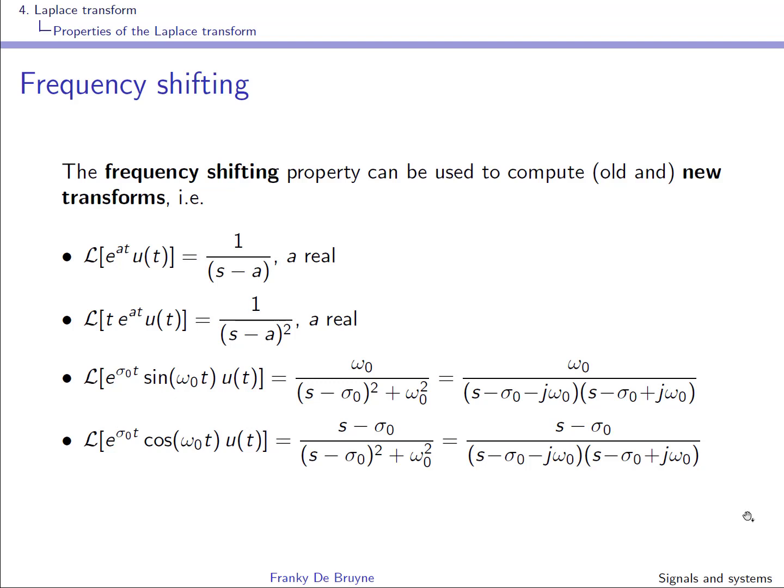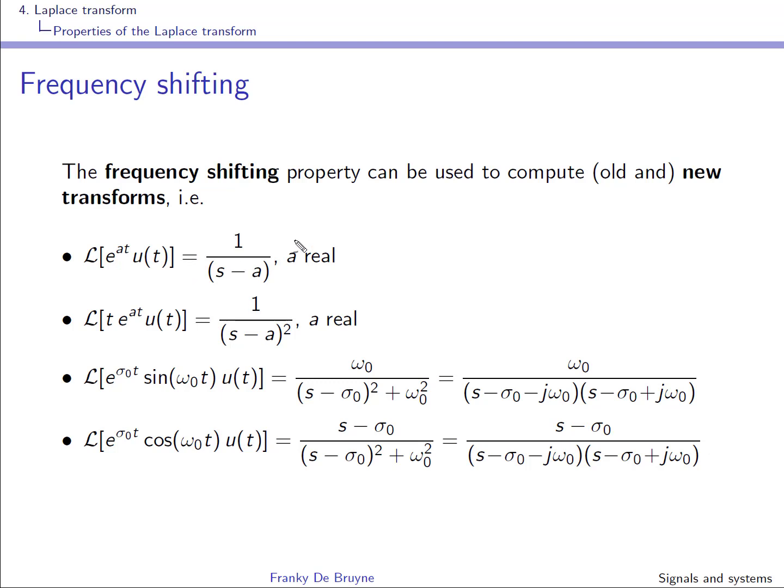So remember that we can also obtain the region of convergence by looking at the poles and taking the region of convergence to the right of the pole with the highest real part.